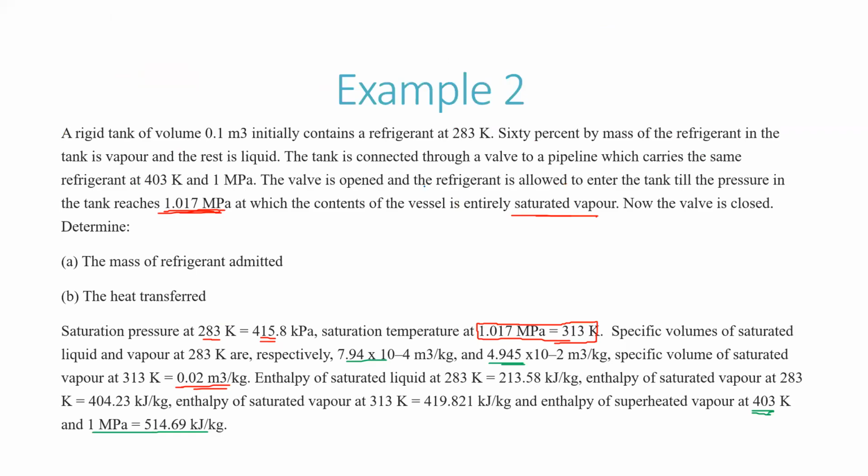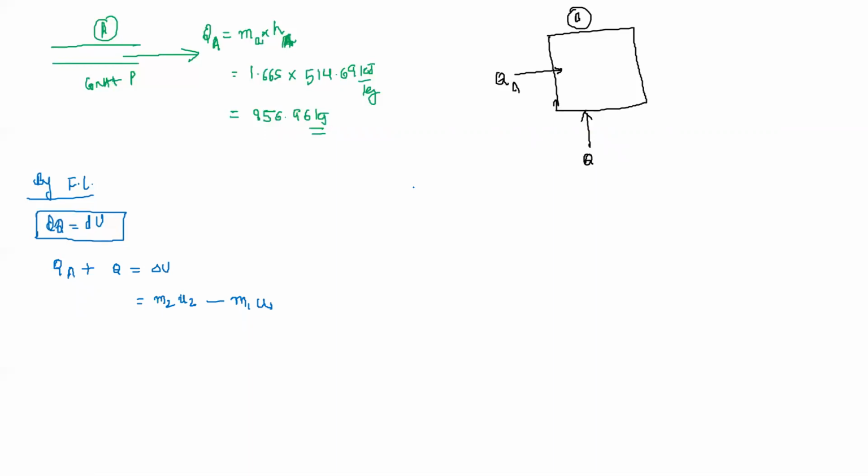And we know that U is equal to H minus PV, where H is the specific enthalpy and V is the specific volume. So once we know that, we can get U1 equal to H1 minus P1 into V1, and U2 equal to H2 minus P2 into V2.